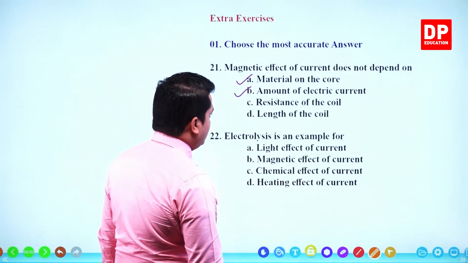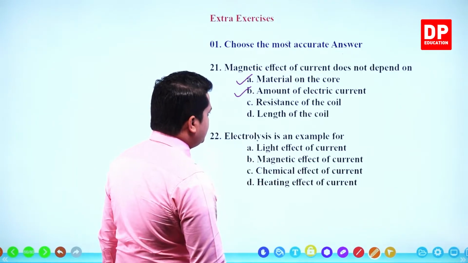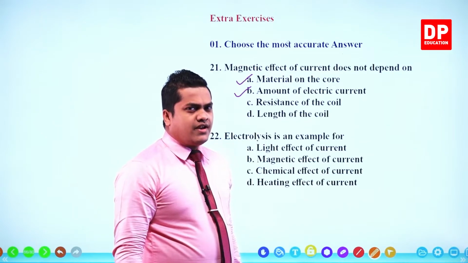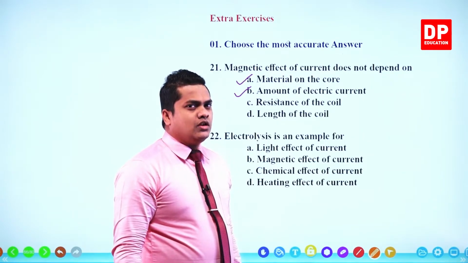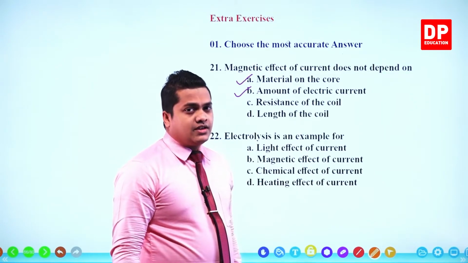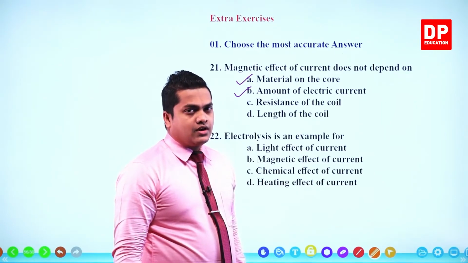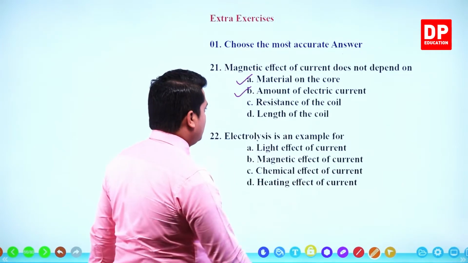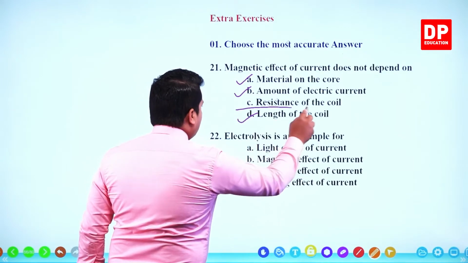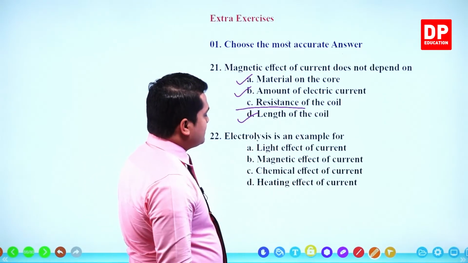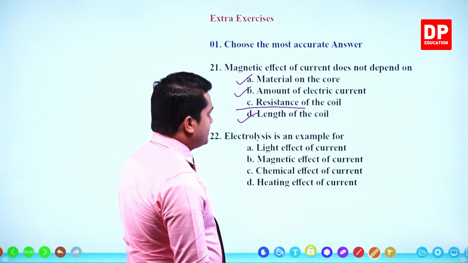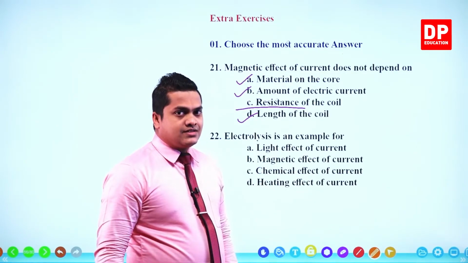The resistance of the coil is not a factor that's going to affect the magnetic effect given out by electric current. But however, the length of the coil is a good factor. So our answer would be the resistance of the coil, because the magnetic effect of electric current does not depend on the resistance of the conductor.